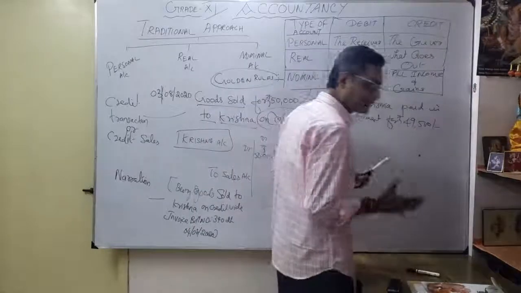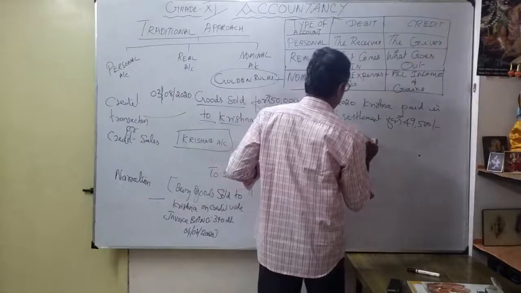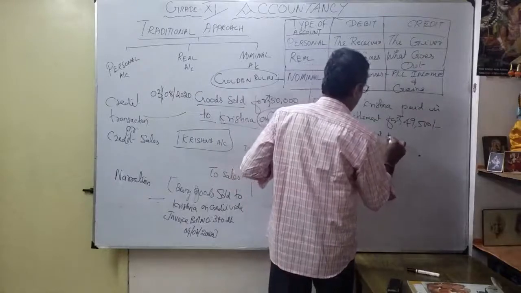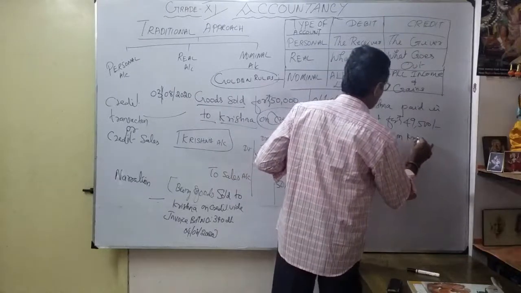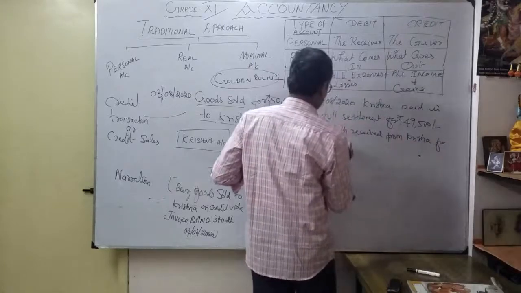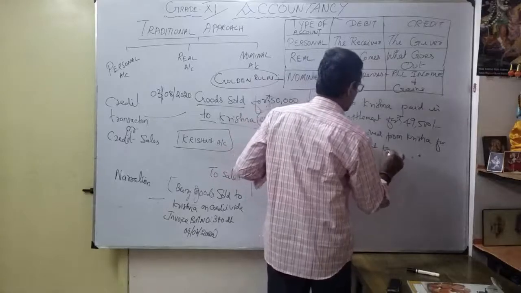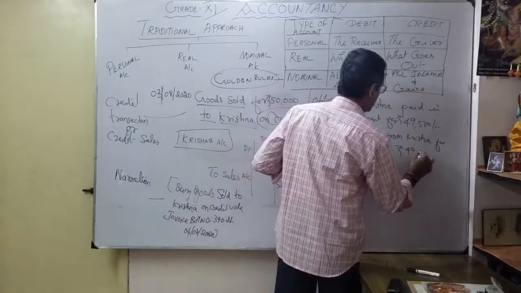Or we can also say cash received from Krishna for full settlement for 49,500.